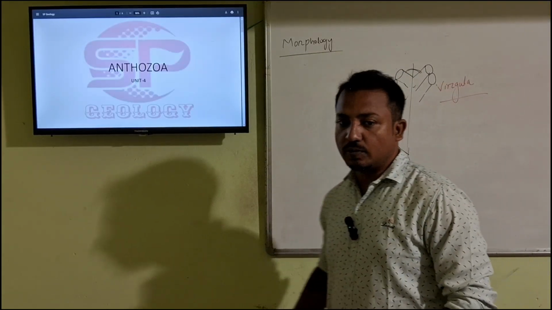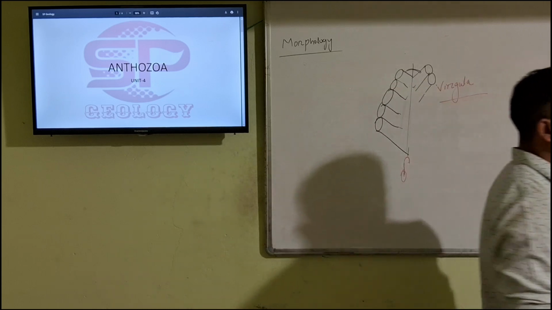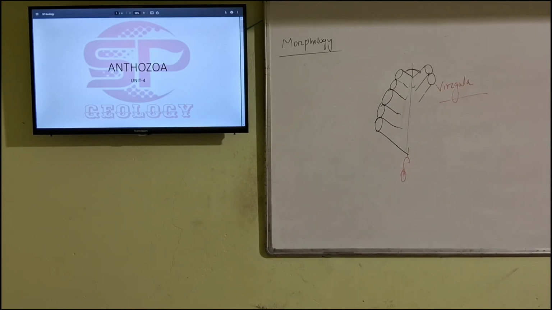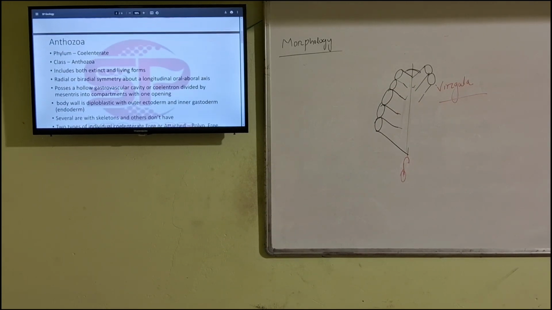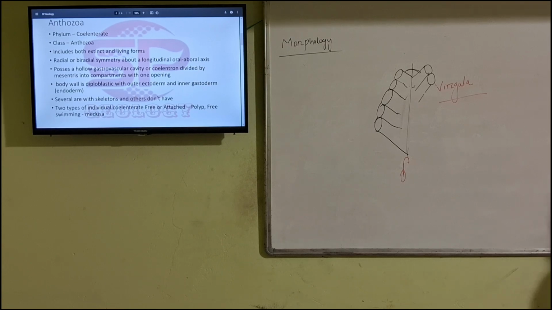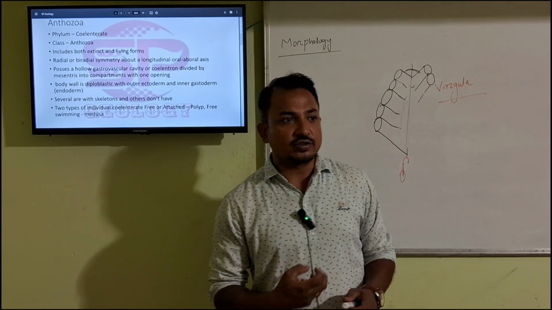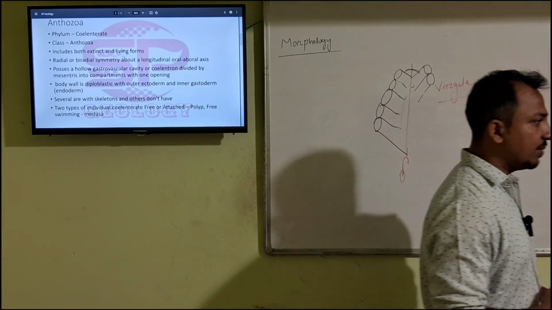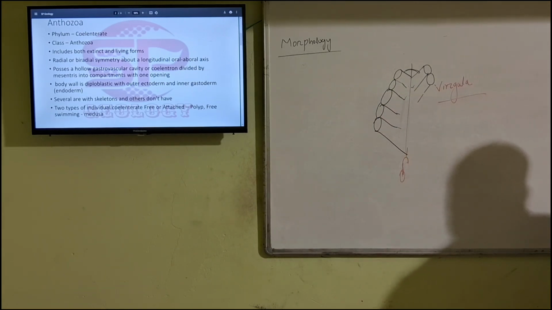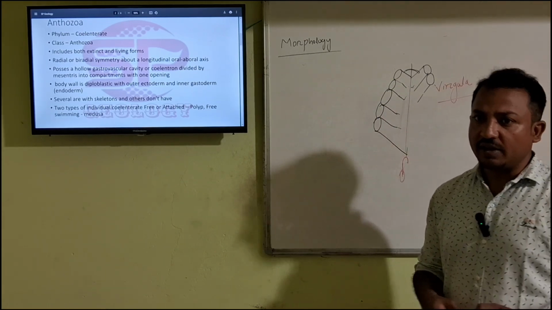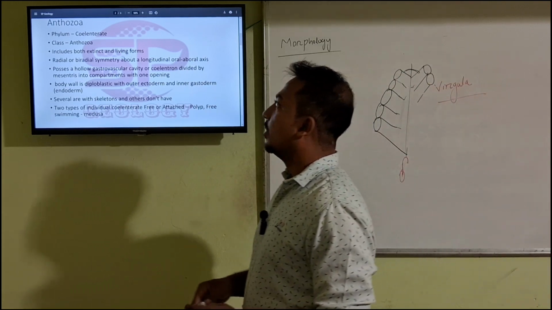So next comes Anthozoa. Anthozoa belongs to phylum Coelenterata. They have a gastrovascular cavity within them, that's why the name is Coelenterata. There is a coelom or cavity within the organism.